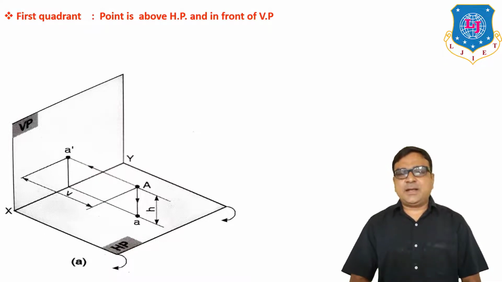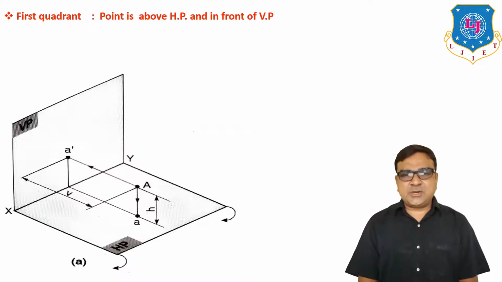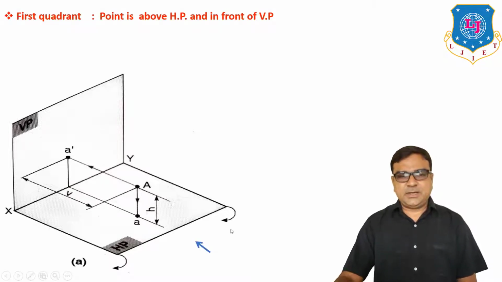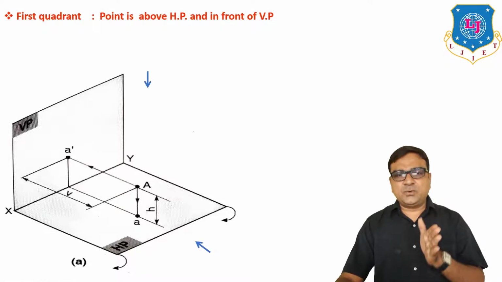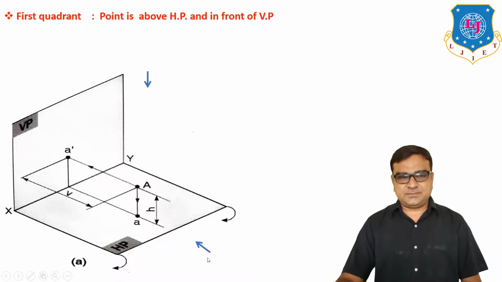Our point A is located in the first quadrant, meaning it is above HP and in front of VP. The distance from HP is denoted by small h, and the distance from the vertical plane is denoted by small v. Now, when you are looking from here and from here, there are two different locations for the view position of the observer.